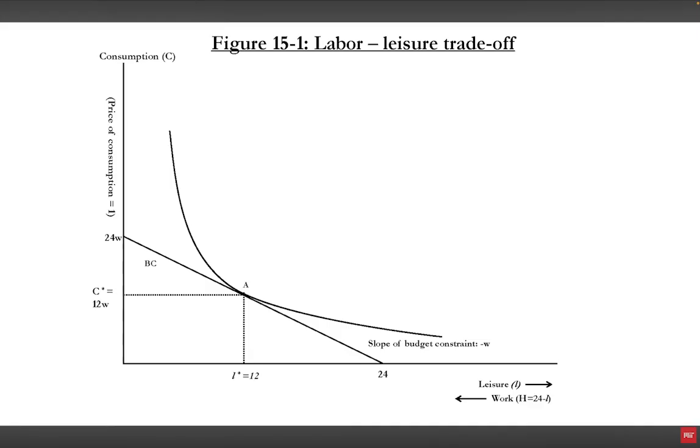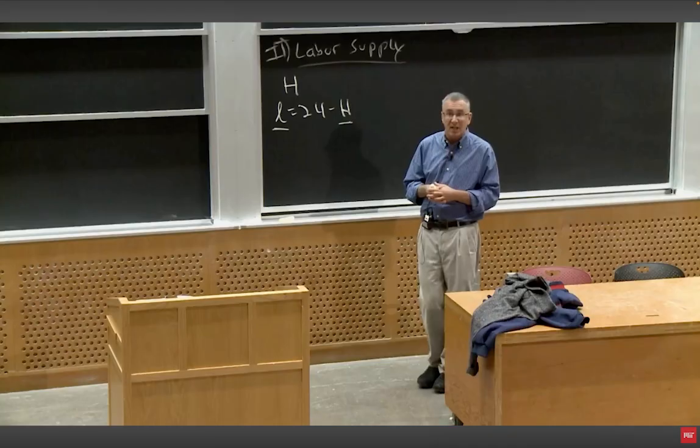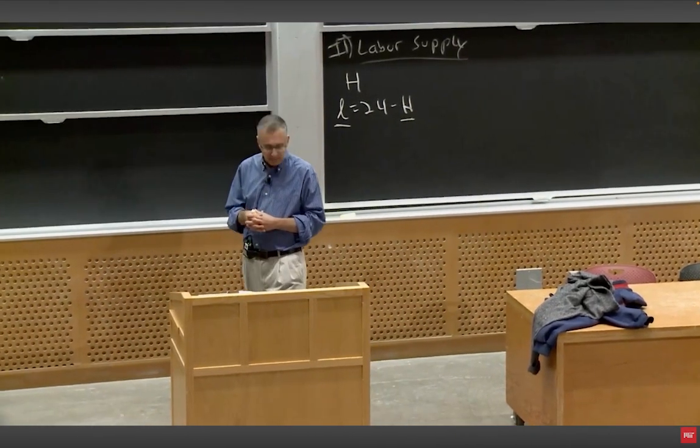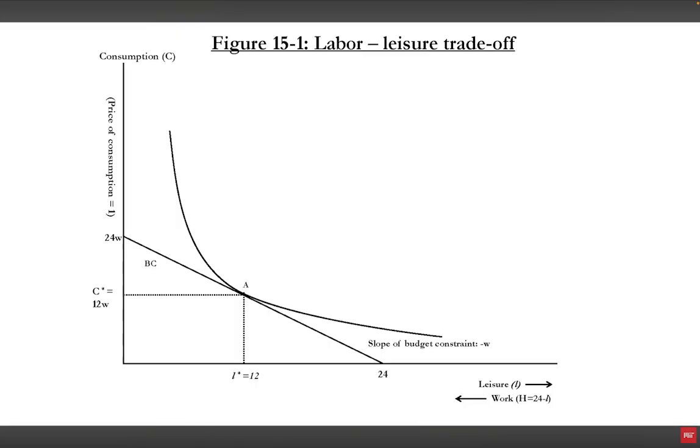Of course, that means that hours, you move to the left on the x-axis. Once again, we're not modeling hours, we're modeling leisure. Hours we just get at the end. Then you have a budget constraint: you can take 24 hours of leisure and consume nothing. That's the x-intercept. Or take no leisure and consume 24 times your wage. That's the y-intercept.